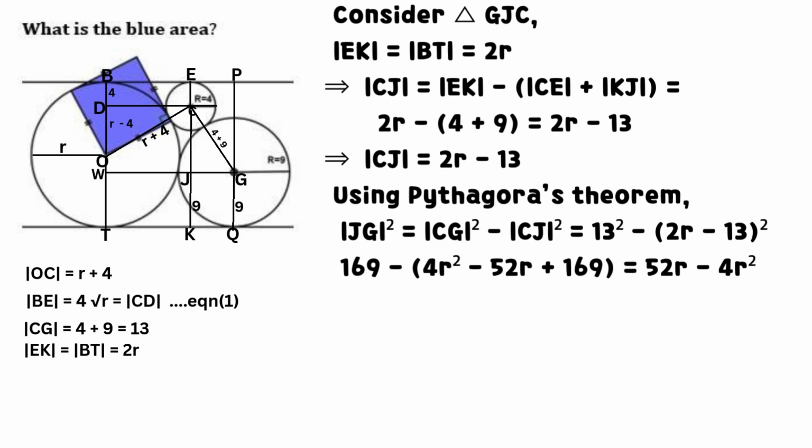Using Pythagoras' theorem, the square of line JG equals the square of line CG minus the square of line CJ, which equals 52 times R minus 4 times the square of R, as shown on the screen.